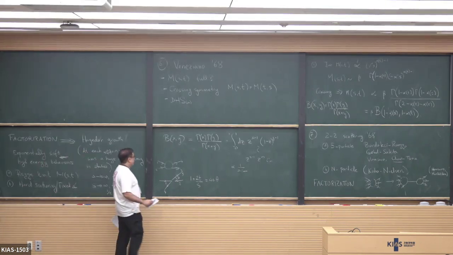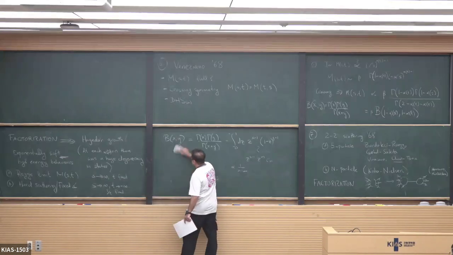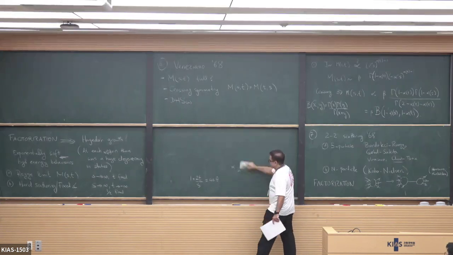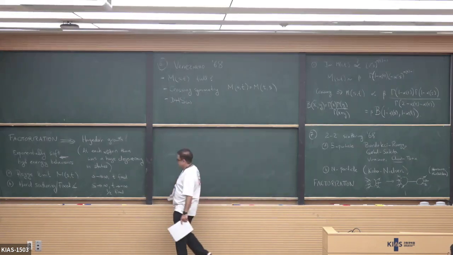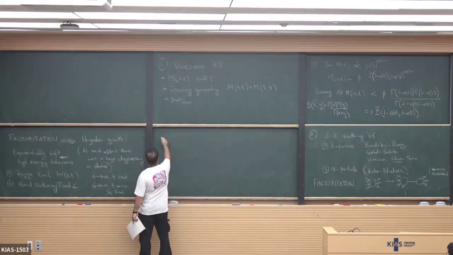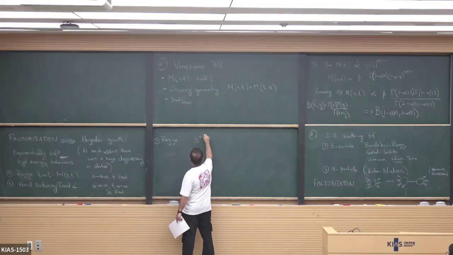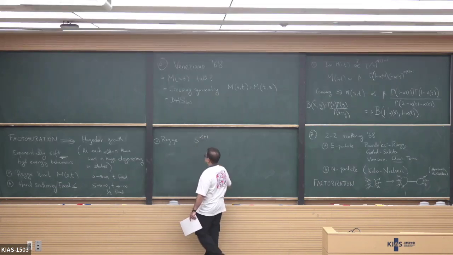Now, the behavior of the string amplitudes, the Veneziano amplitude in particular, is the following. The Regge limit we have already done. In the Regge limit, it goes like s to the power alpha of t.